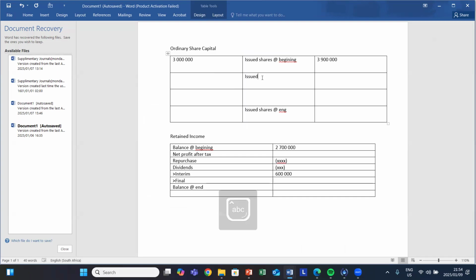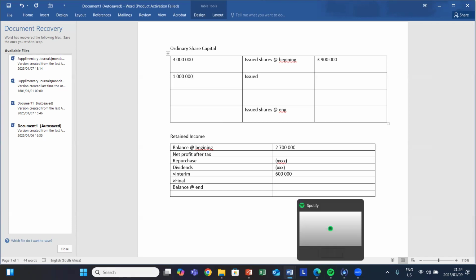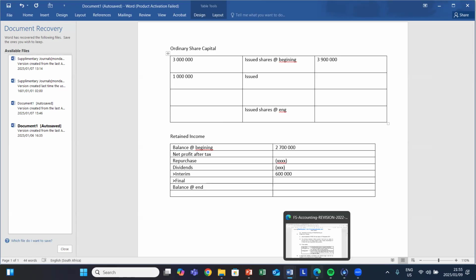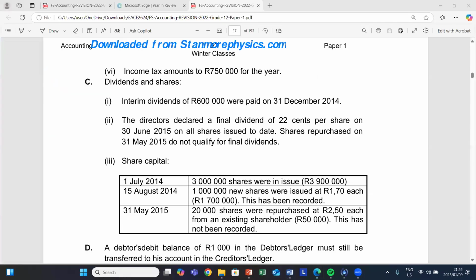And then during the year, we issued an additional 1 million shares. And then they did provide us with the value of those shares. Let's go to the question paper so that you can get it. The value of those shares is 1,700,000 rand.